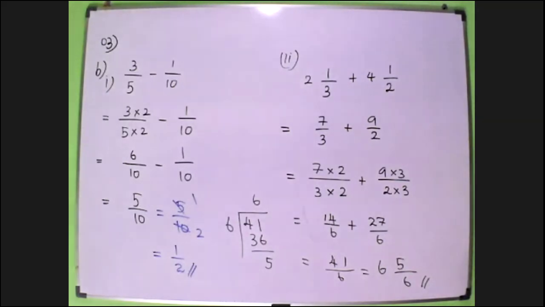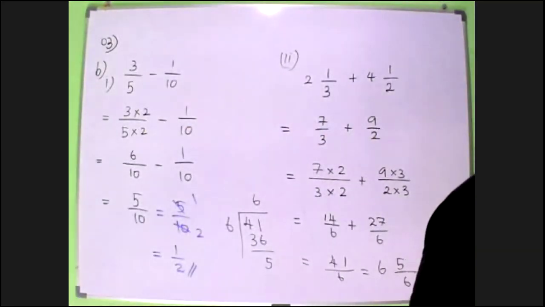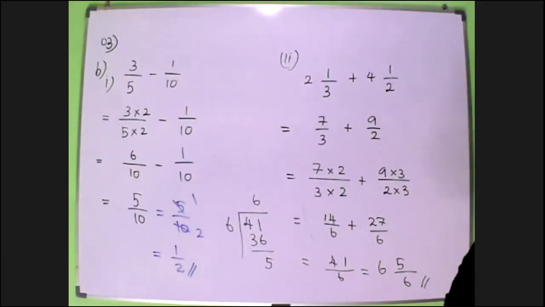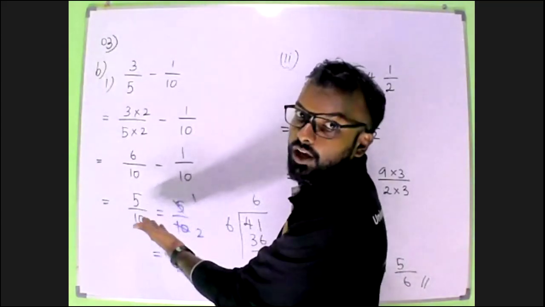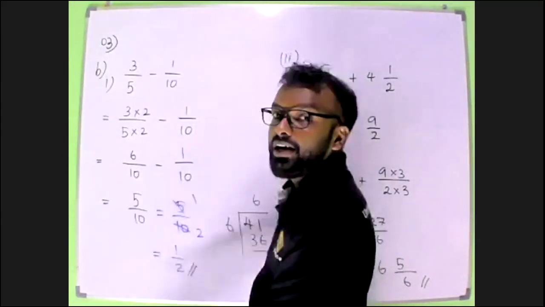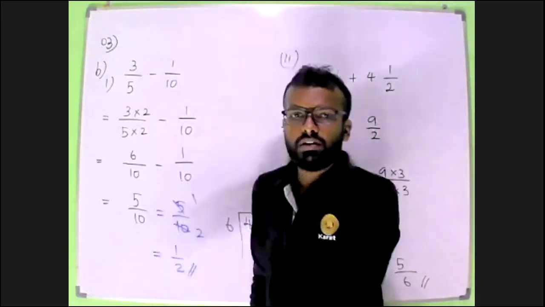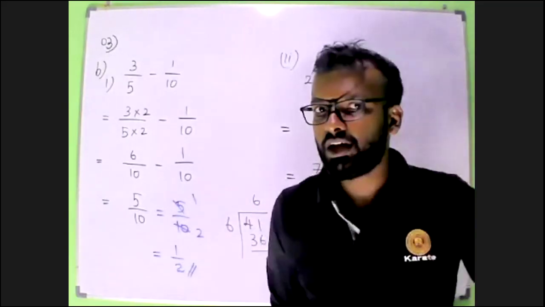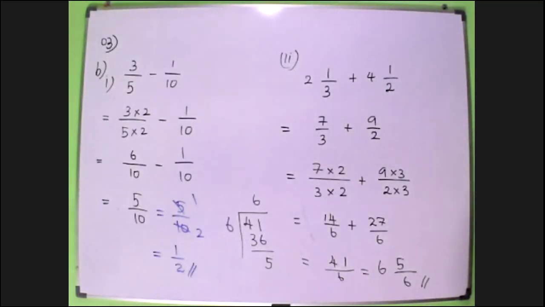So you can simplify it further. You will be missing like 0.5 marks, or half a mark. Because you know 5 and 10 are multiples of 5. 5 divided by 10 will give you half, or you can put decimals, 0.5, right? I know it.